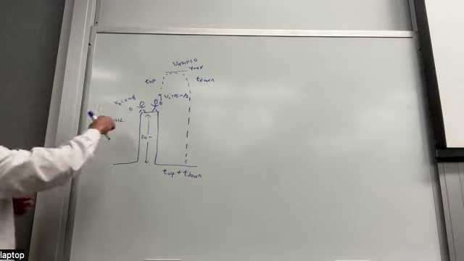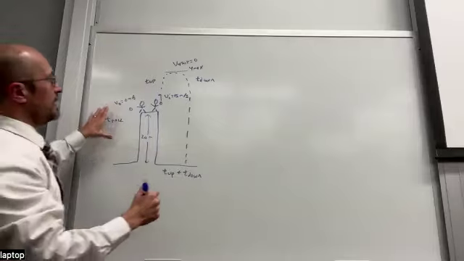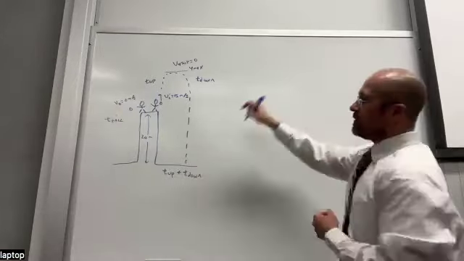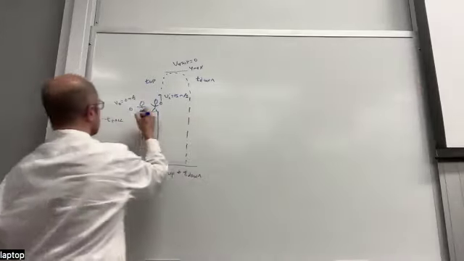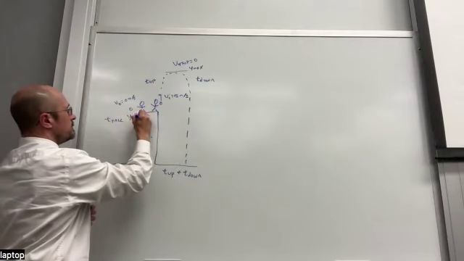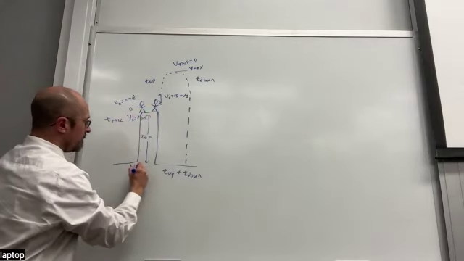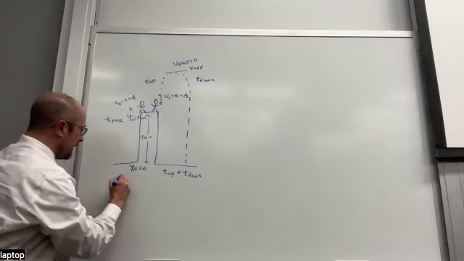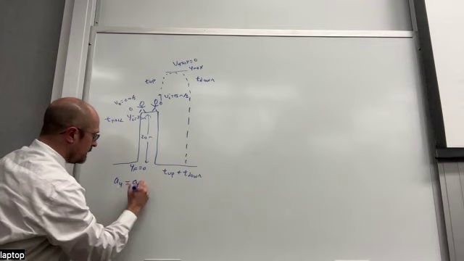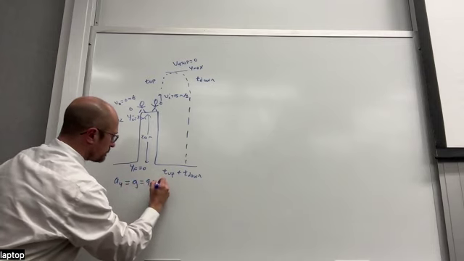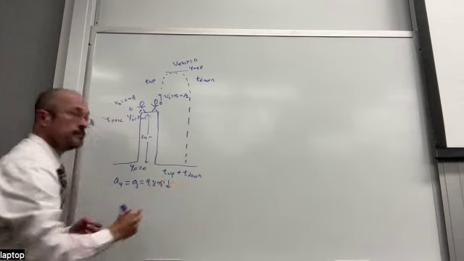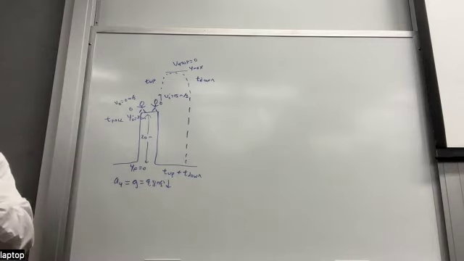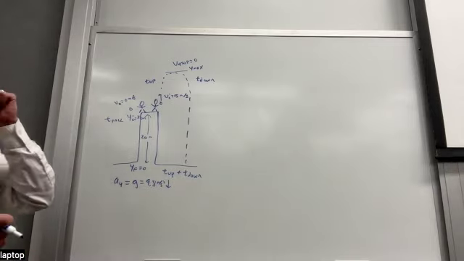Okay. So for t fall, for this side, we know that y initial for both of them is 20 meters, and y final will be 0. We also know that ay is our g, down, right? We always want to mark those things.